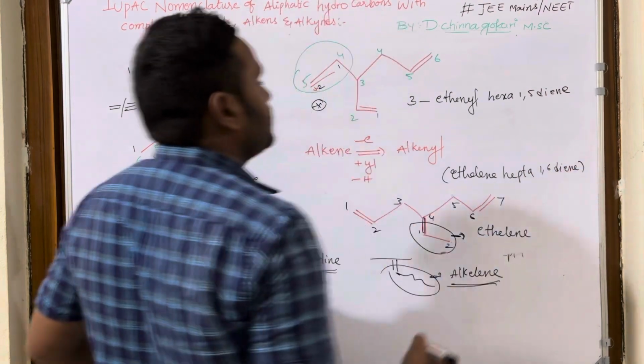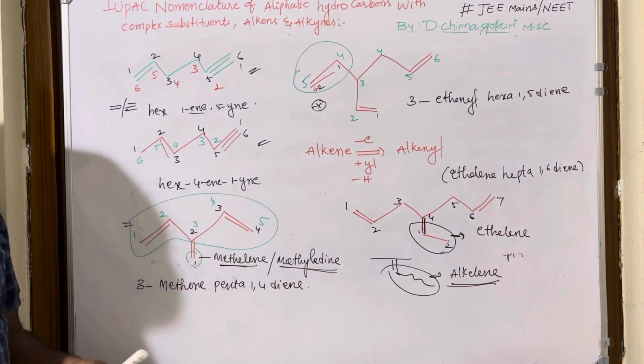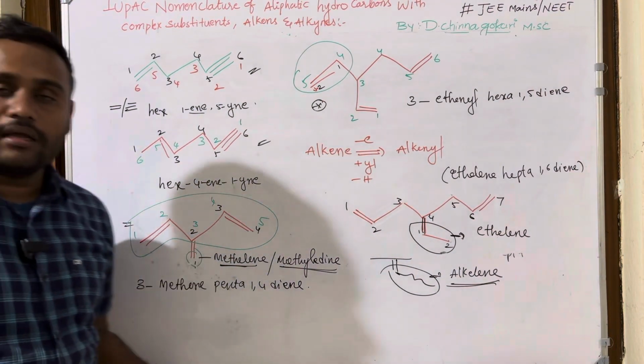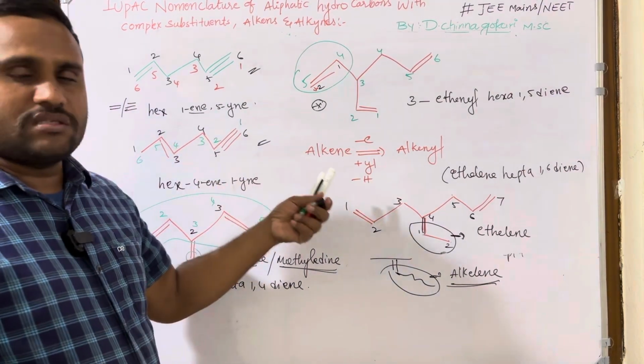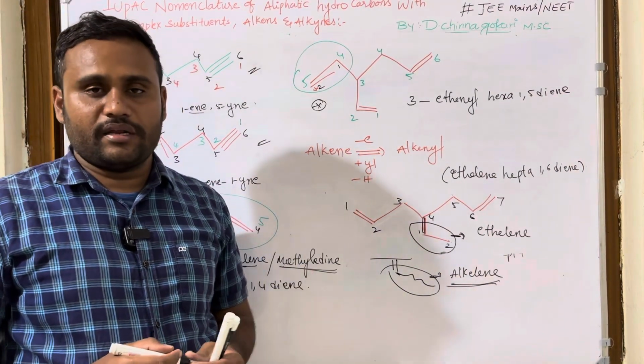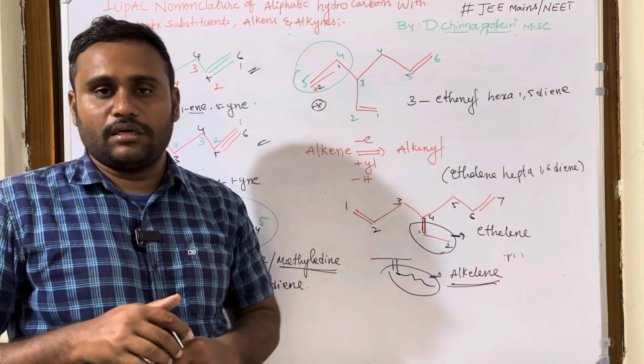Okay, so these are the IUPAC names of alkenes with some special cases. With substituents, we can place them and write the names of these alkenes.